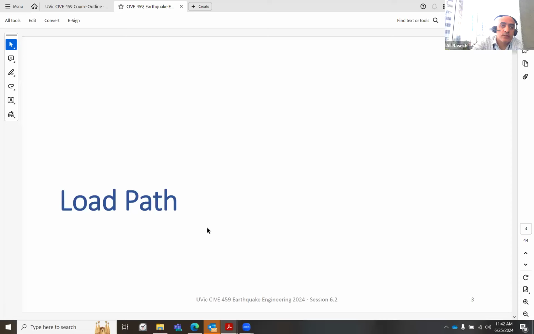For any load that may happen in that region, or any load that we know of, there should be a load path that carries that load to the foundation. That's what we should be aware of, and a good structural engineer should really plan to address all the load paths.